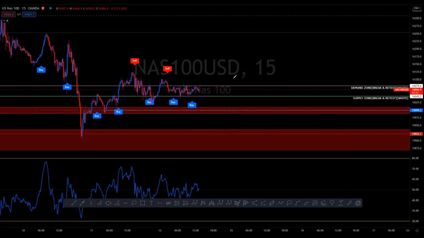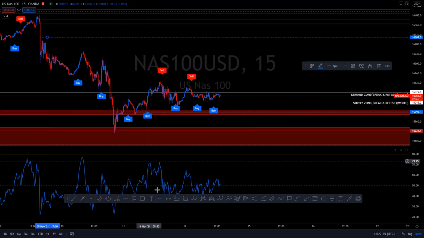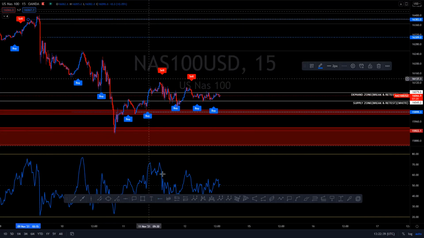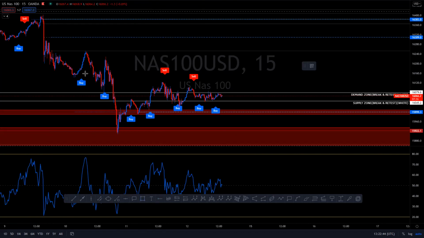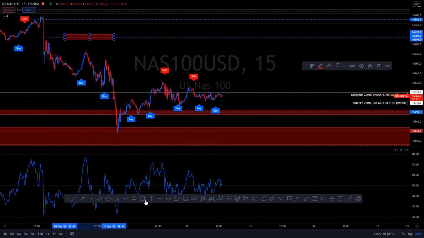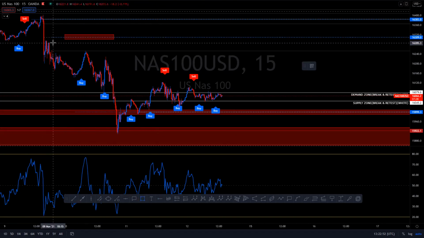So what I'm going to do is also mark up these imbalances just in case the price does buy up, then we know what we're doing. So I'm going to actually draw small zones here. Yeah, I can see it.